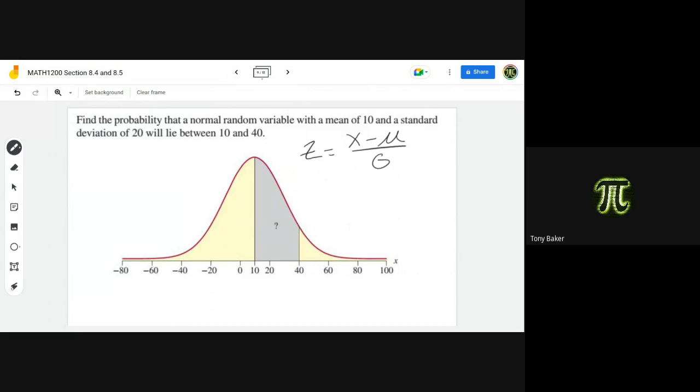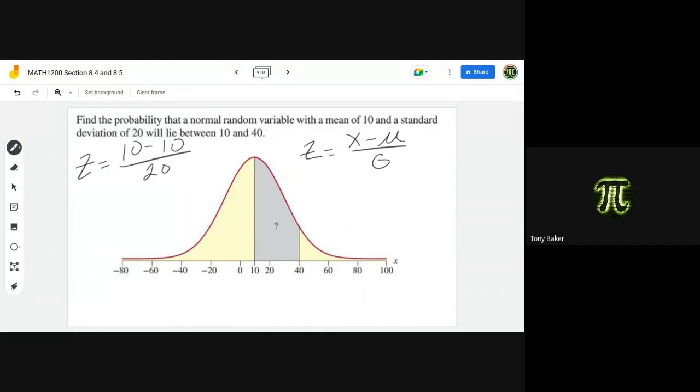So if I want to find the probability of a normal random variable with a mean of 10 and a standard deviation of 20 that lies between 10 and 40, let's find the Z-score for 10. My X is 10, my mean is 10, and my standard deviation is 20.